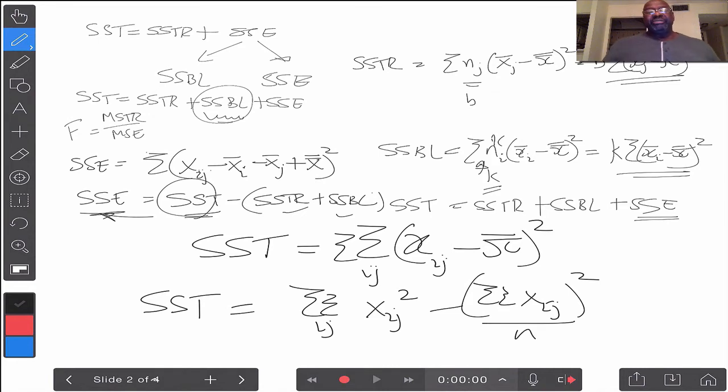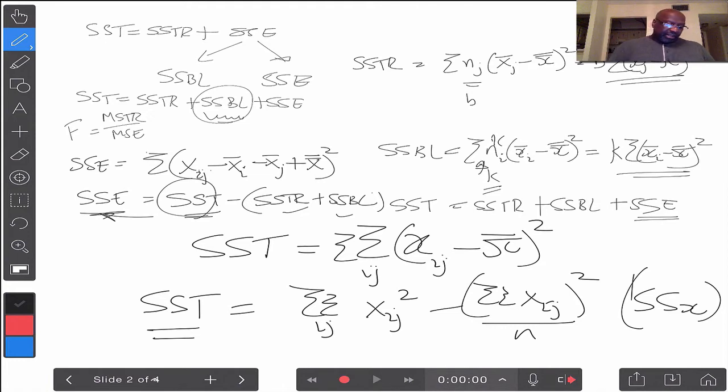Doesn't that look familiar? That's exactly the same formula that we use in a single sample problem that we did much earlier in chapter 3. We call it SSX, sum of squares due to x. Well, here we just call it SST in the context of ANOVA, the total sum of squares, but it's the same as the SSX for that sample if we were trying to find the standard deviation.